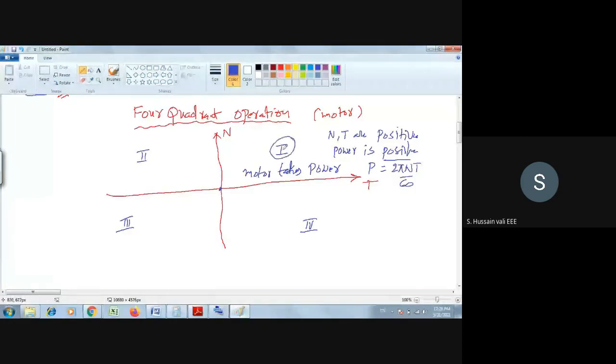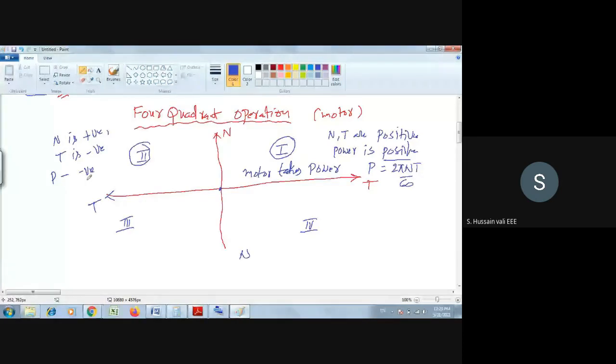Now coming to the case of the second quadrant, what is the second quadrant? It says that speed is positive, but the torque is negative. Because torque we have taken on this axis, so torque is negative. When speed is positive, torque is negative. What is power? Power is negative. Why is power negative? Because it is proportional to the product of speed and torque. Speed is positive, torque is negative, so you multiply and you get negative. So when power is negative, what does that mean?